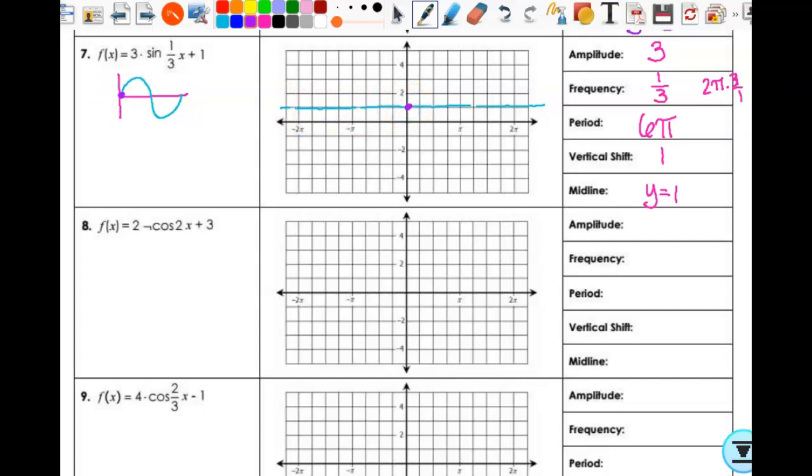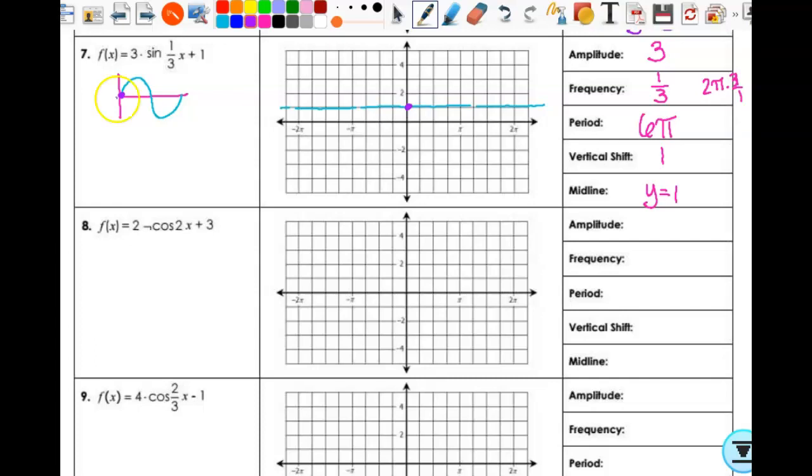You get your next points on there. How many more anchor points can you plot?